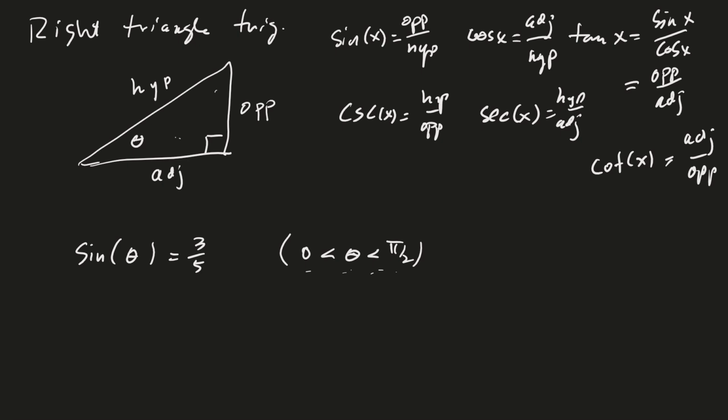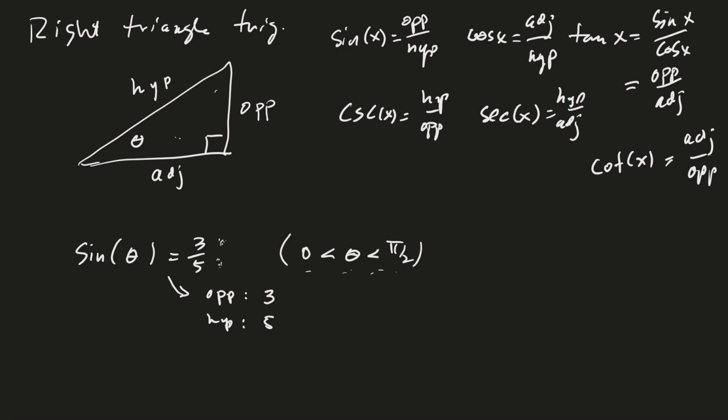Then can we figure out the other 5 trig functions from that? Well, from this, we can say that the side opposite theta has length 3. The hypotenuse has length 5, or we could multiply top and bottom by any number as long as they're the same number, because this is just the ratio.